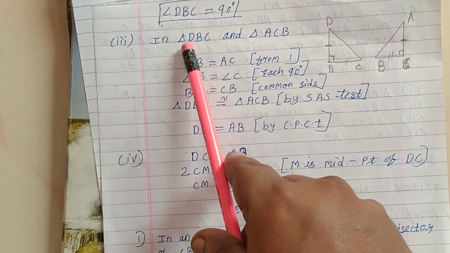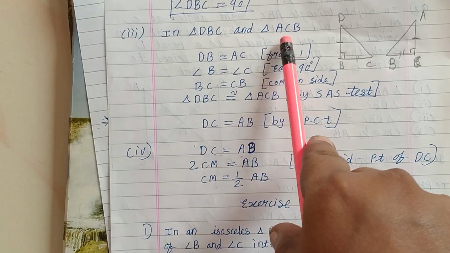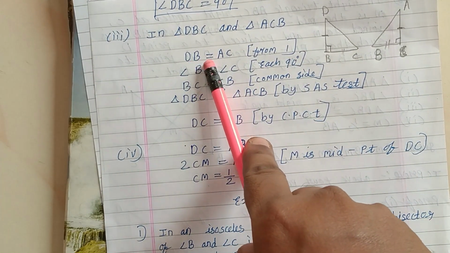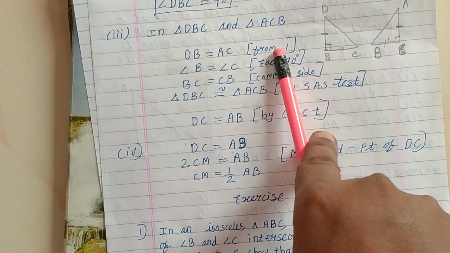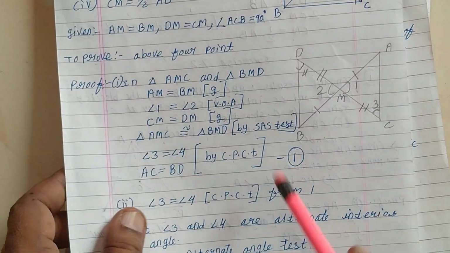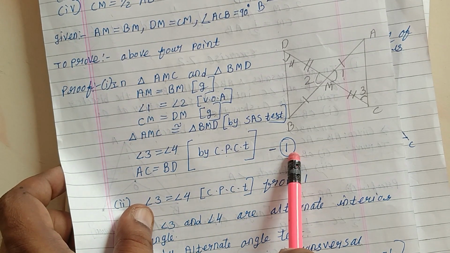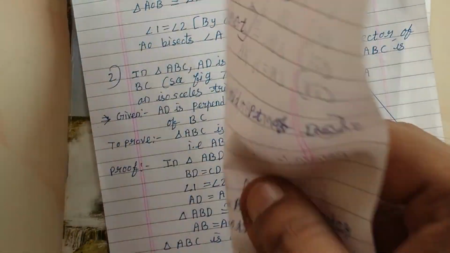Third point, we have to prove that triangle DBC and triangle ACB are congruent. So here DB equal to AC from 1. So they are corresponding. AC equal to DB, they are a corresponding pair of congruent triangles. From the first one we can take that.